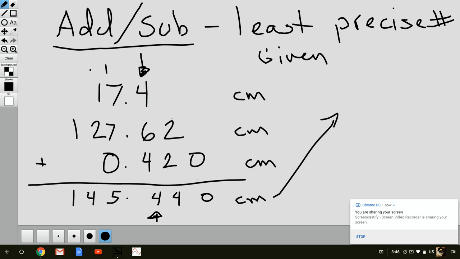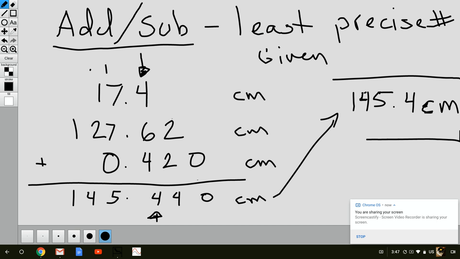So our answer should be 145.4 centimeters. Always circle the answer you want me to grade.